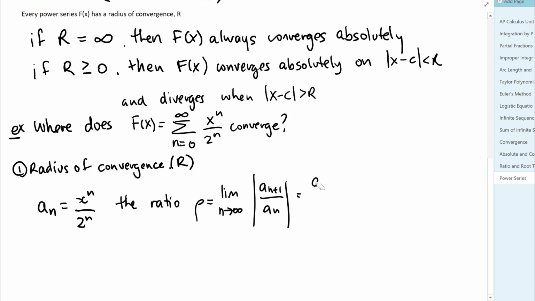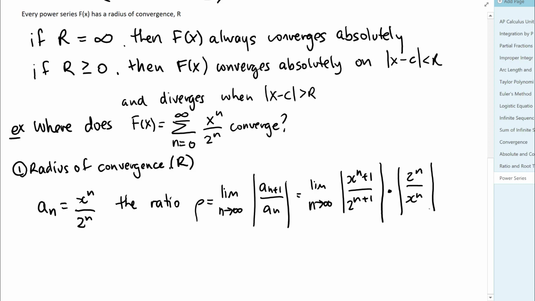So you get the limit of x to the n plus 1 over 2 to the n plus 1, multiplied by 2 to the n over x to the n. That's like dividing by a sub n. And so this gives you the limit as n goes to infinity of a half absolute value of x, which just becomes a half absolute value of x.